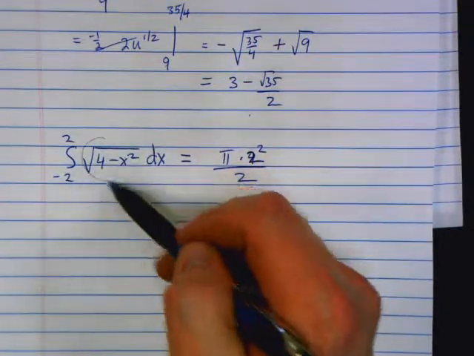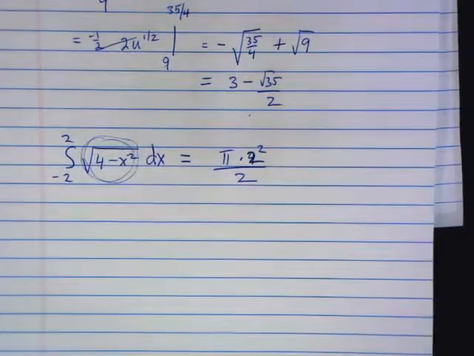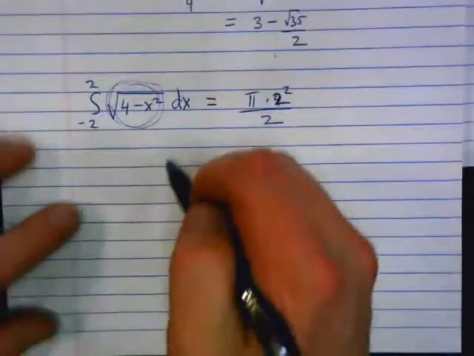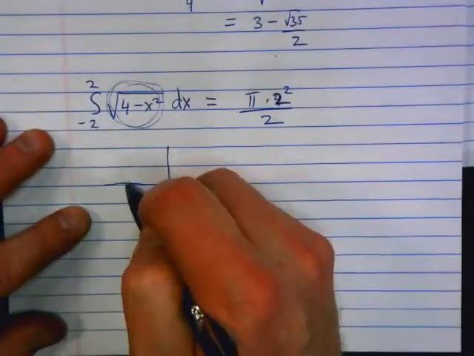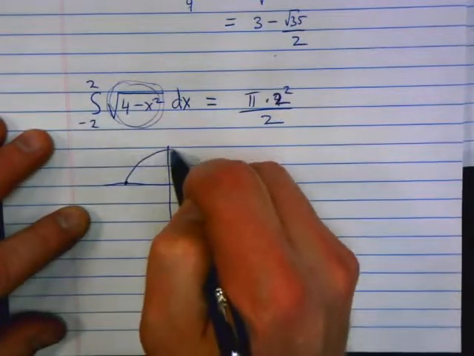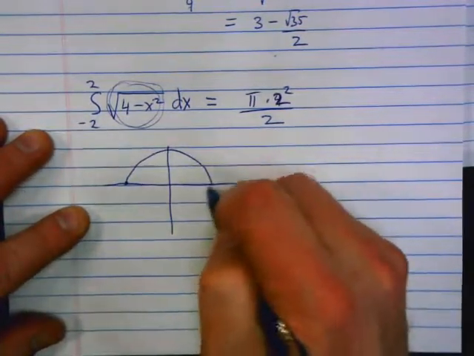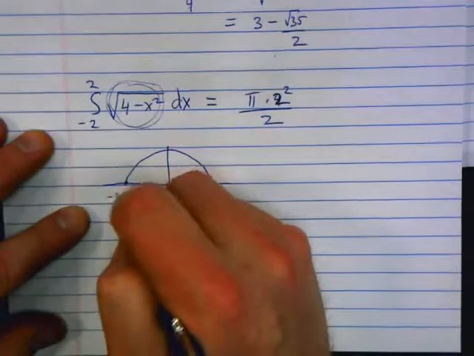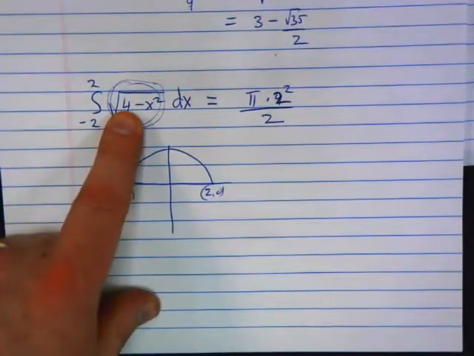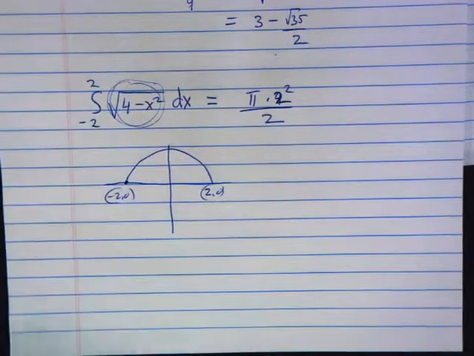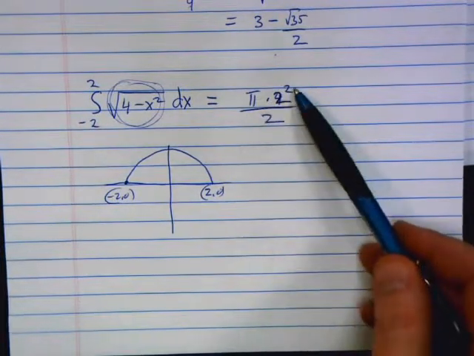If you graph this function, what's it look like? It's half a circle. It's the top half. So if you remember your Calc 1, integrals are areas. I've given you half a circle. So how do you find the area of a circle? Pi times the radius squared.